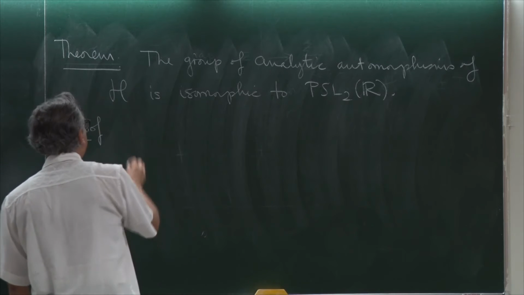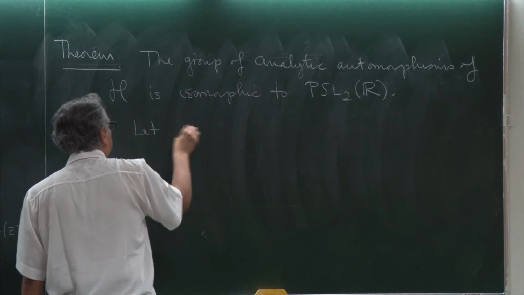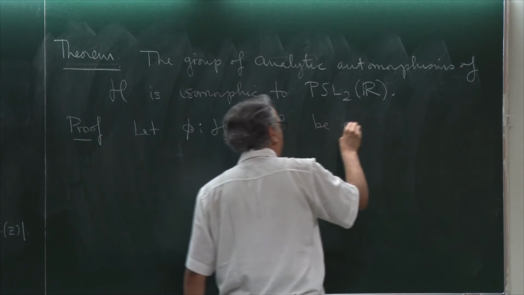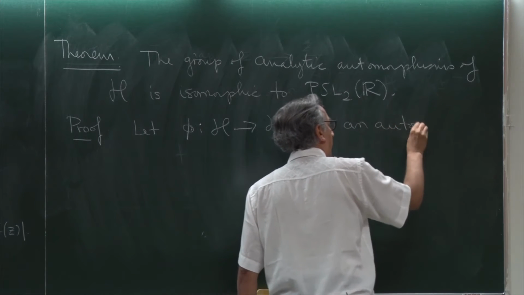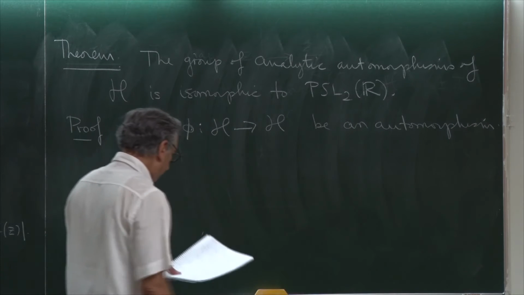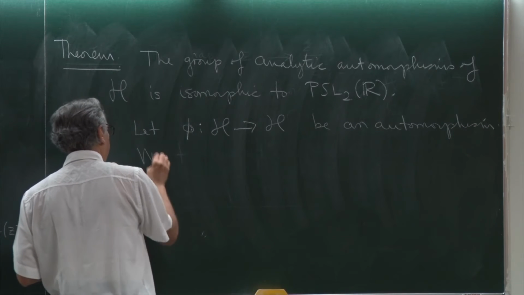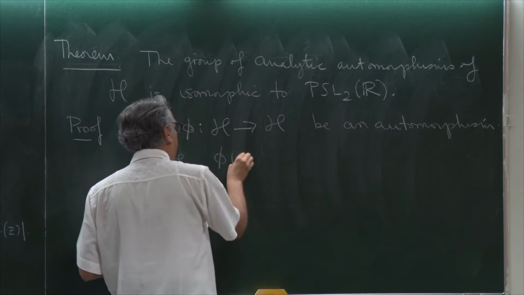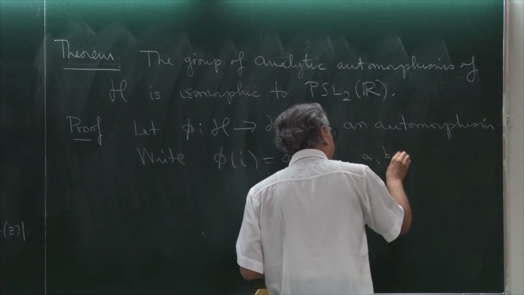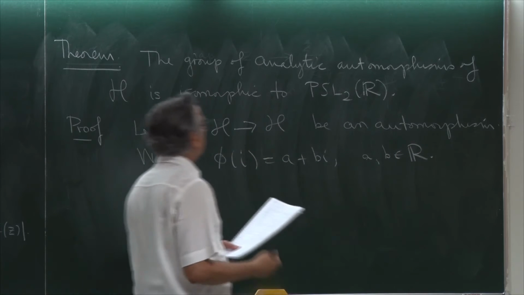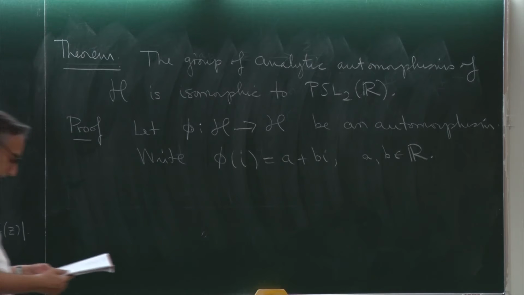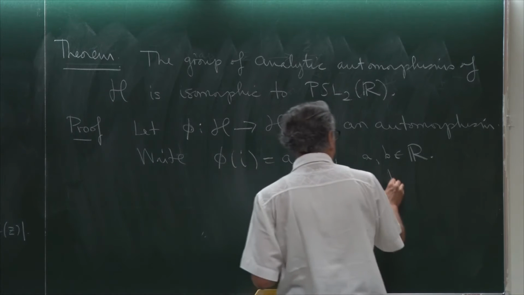Okay, so let's see. Let's try to classify. Let's take an automorphism phi. Then write phi of i as a plus bi with a and b real. So i is an element in the upper half plane, so it goes to another element in the upper half plane. b is positive.